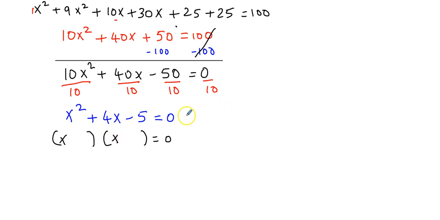We need two numbers whose product is negative 5 and whose sum is positive 4. So give me two numbers. On addition, I should get 4, and the multiplication should give you negative 5. So what are those two numbers?